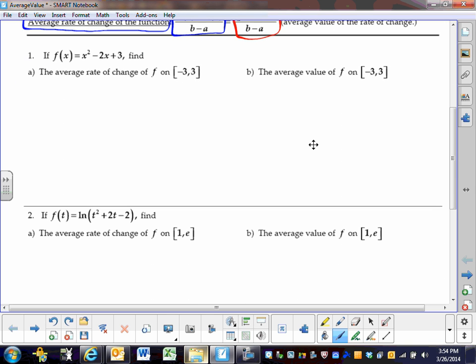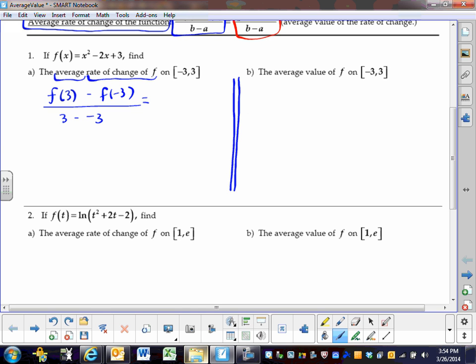Okay, so for number 1, if I'm looking for the average rate of change of f, ignoring whatever we start with, the goal is to get f of 3 minus f of negative 3 over 3 minus negative 3. That means if I substitute 3 into the original function, because I do have the f function, I can get those just by plugging 3 in. So if I put 3 in, I get 9 minus 6 plus 3.